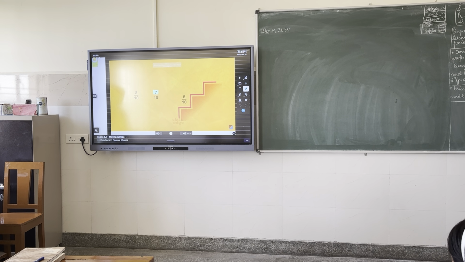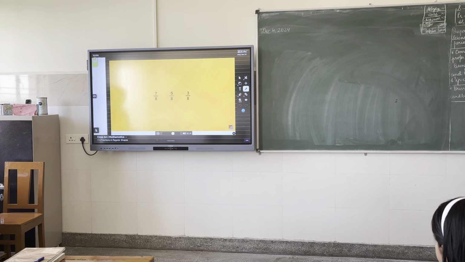Then compare 7 and 8. As 7 is smaller than 8, we write 7/10 on the second step. On the last step, write the remaining fraction. So, we have arranged the fractions in an ascending or increasing order.